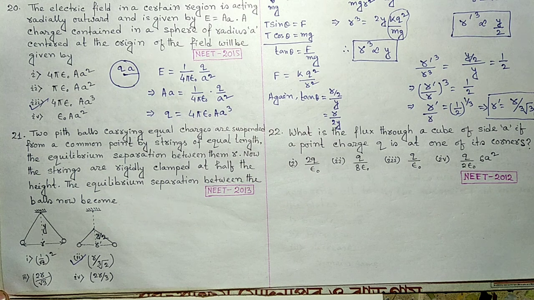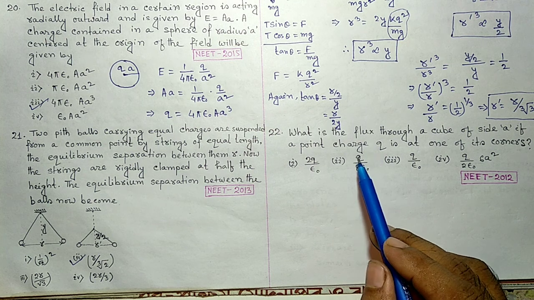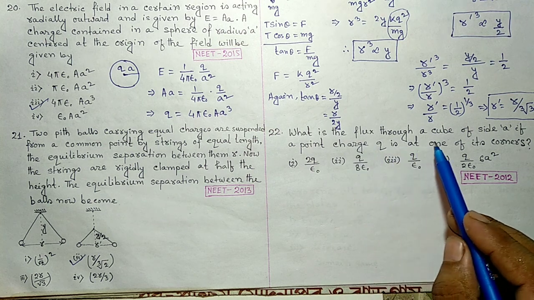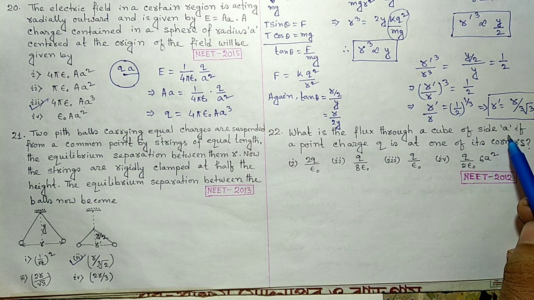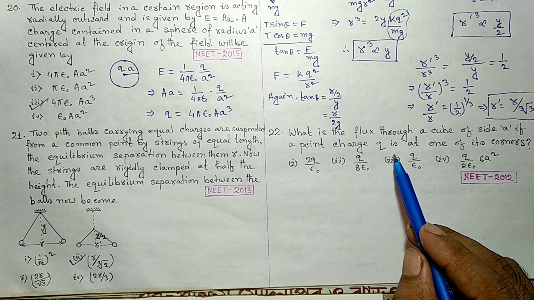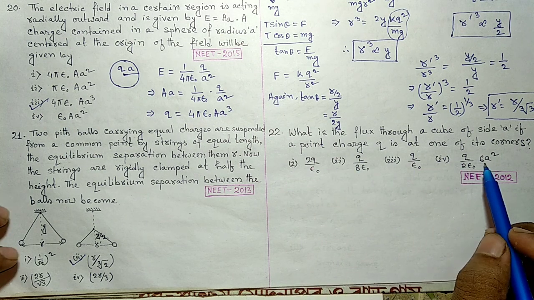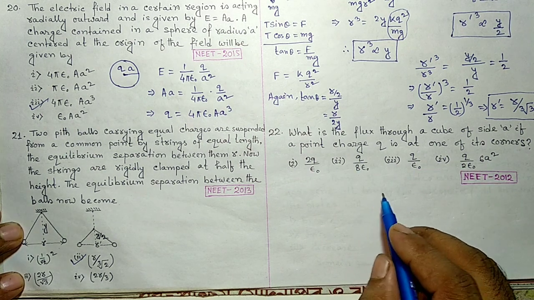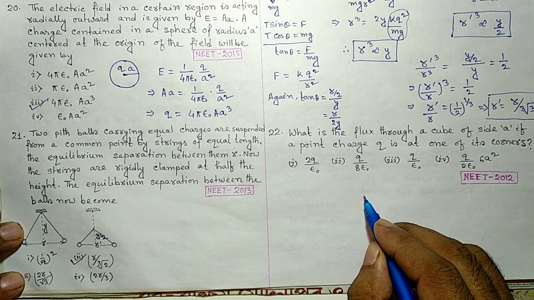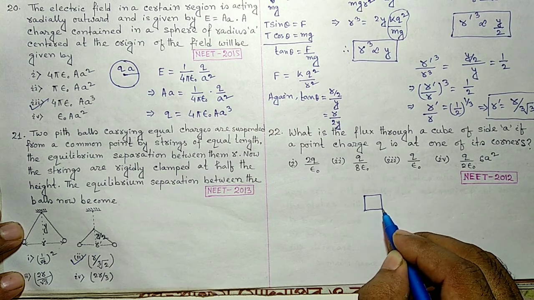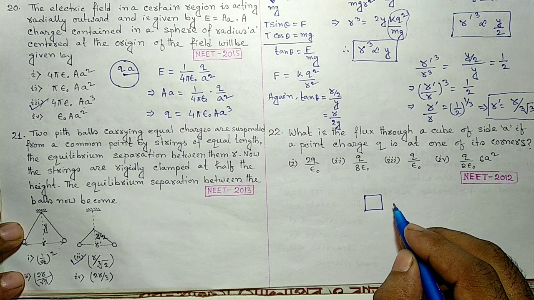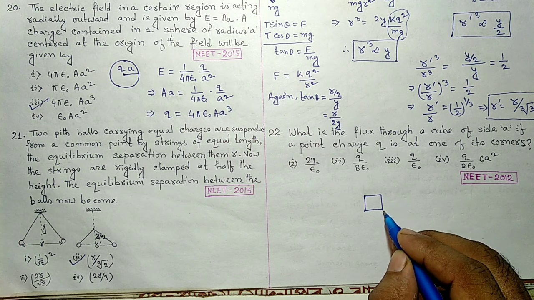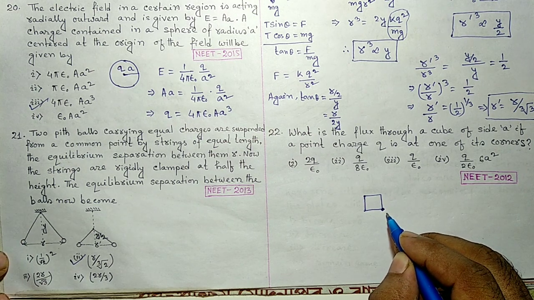Alright. Next question is question number 22. What is the flux through a cube of side a if a point charge q is at one of its corners? So now dear student, it is a cube and the charge is placed at one corner of that cube.